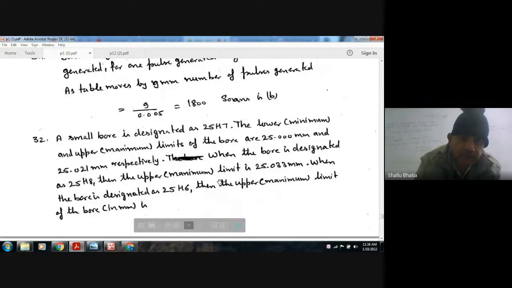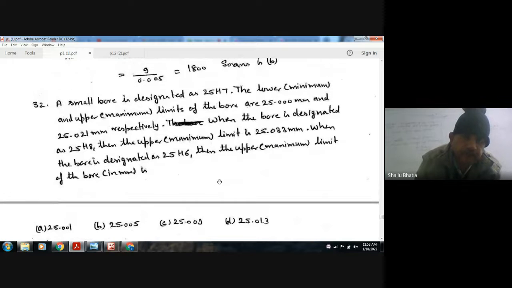Next, a small bore is designated as 25H7. The lower and upper limits of the bore are 25 mm and 25.021 mm respectively. When the bore is designated as 25H8, then the upper limit is 25.033 mm.